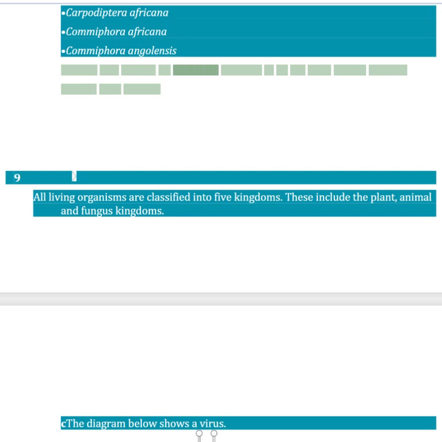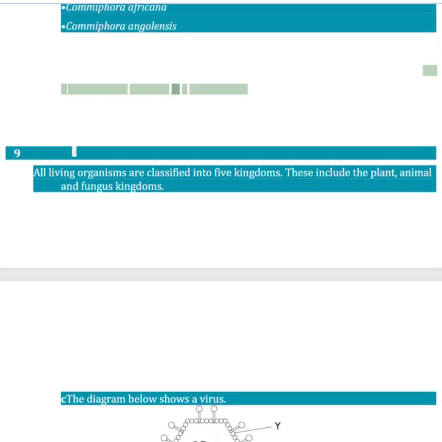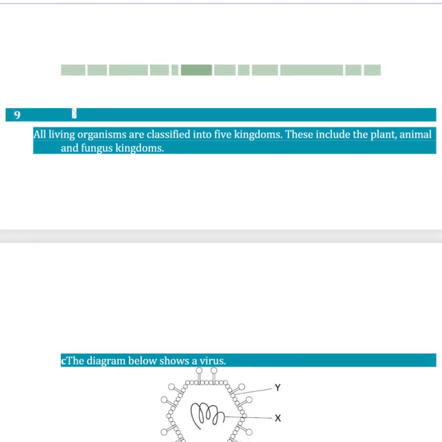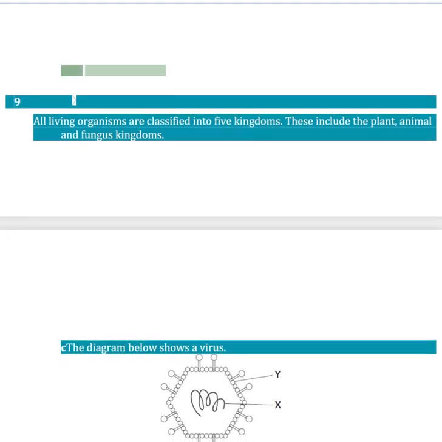Which 2 species do biologists consider to be the most closely related? Explain your answer. B. Comifera africana is a dicotyledon. State 2 features that it shares with all other dicotyledons, but not with monocotyledons.